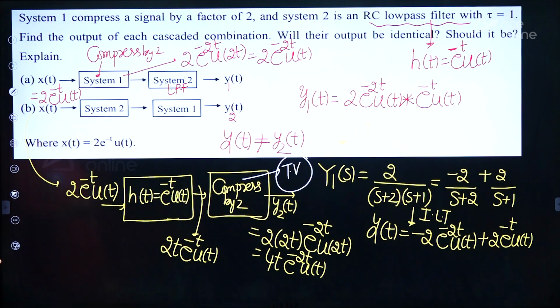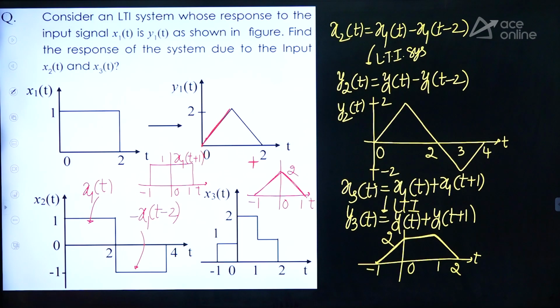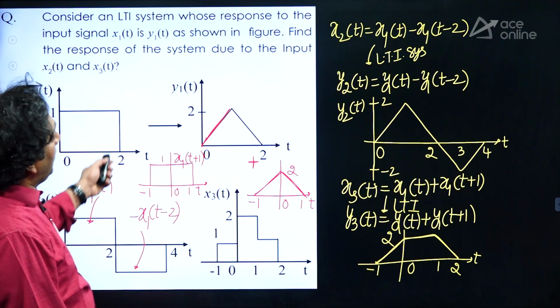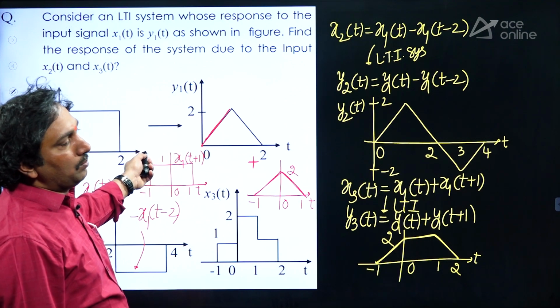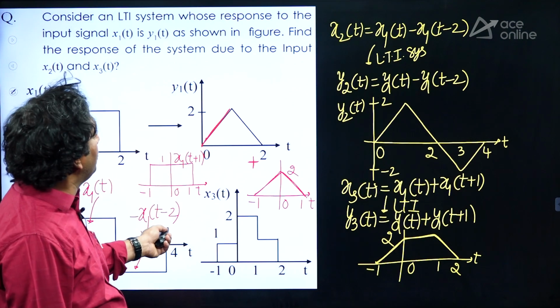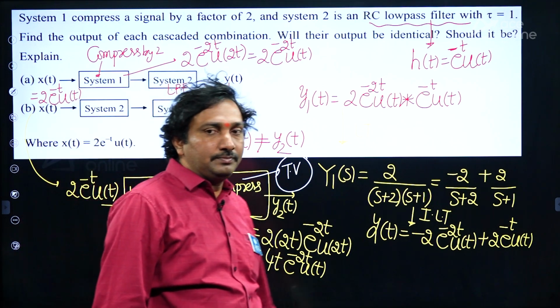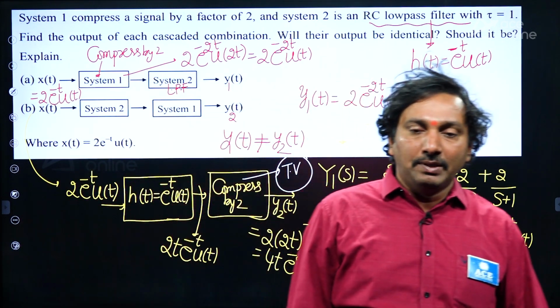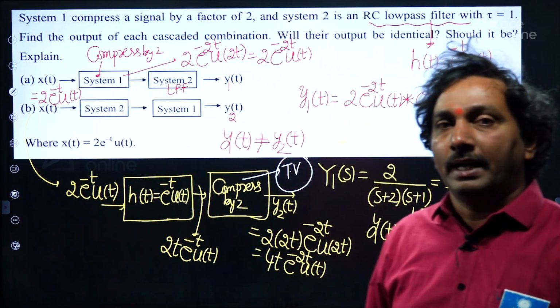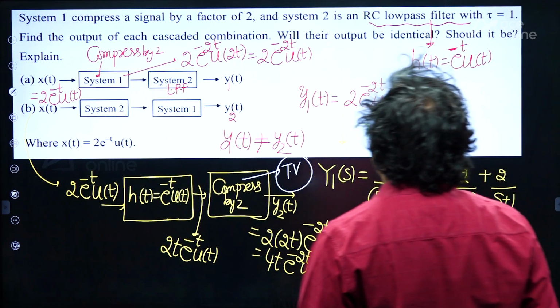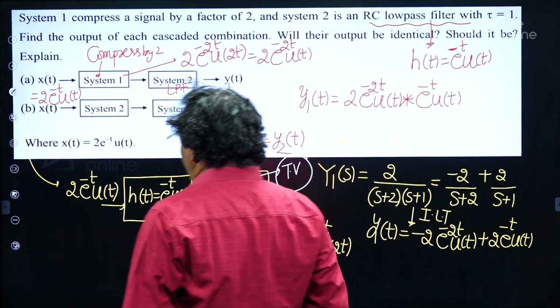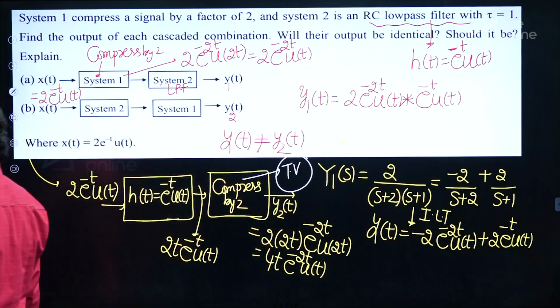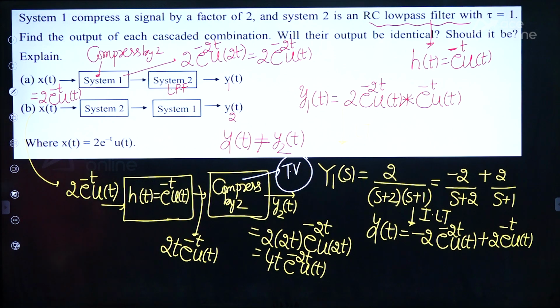For that purpose I have chosen these two examples simultaneously. For an LTI system, whatever happens to the input, the same thing happens to the output. But it is not the case here. As one of the considered systems is variant, the final outputs are not identical. Hope you got my point.